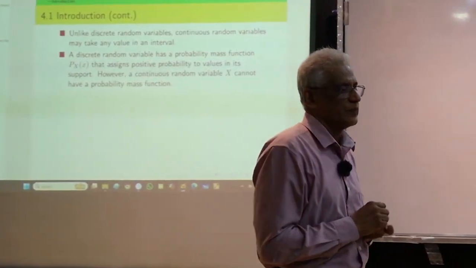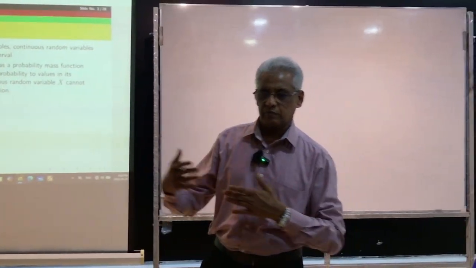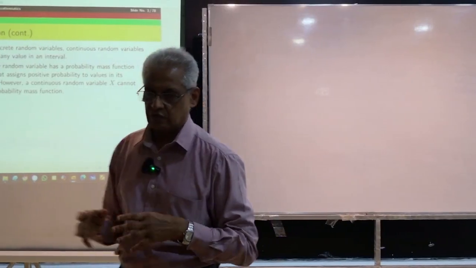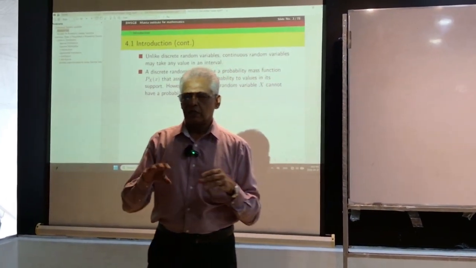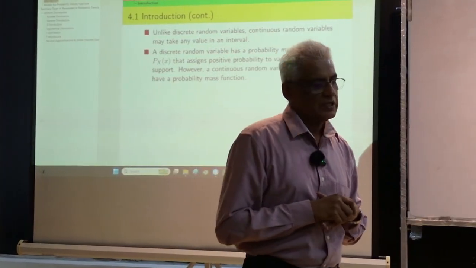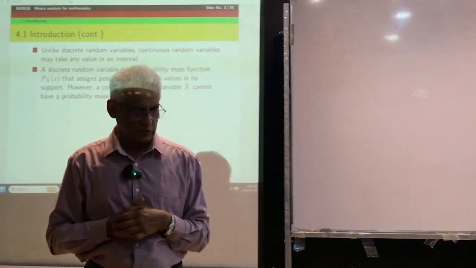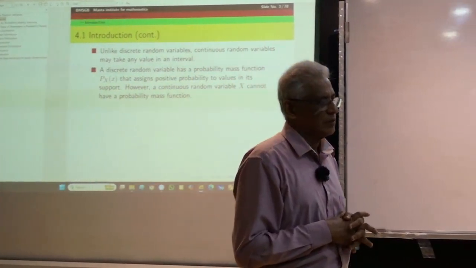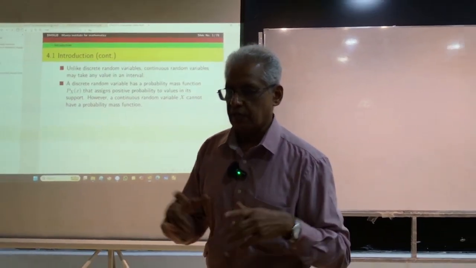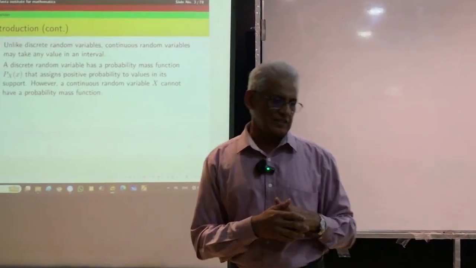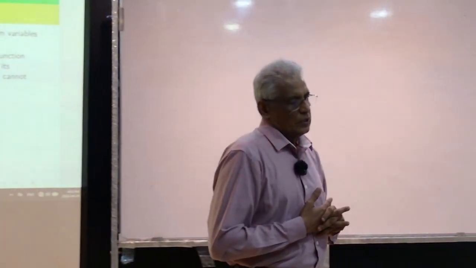That is the main difference between continuous and discrete. A discrete random variable takes only a countable set of values, usually with gaps between those possible values. But a continuous random variable can take any value in a given interval, generally.